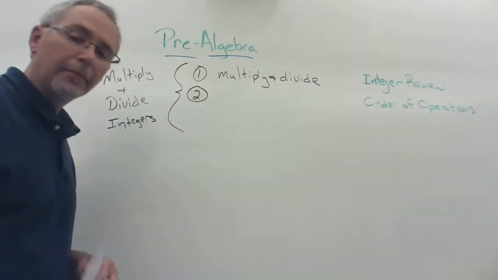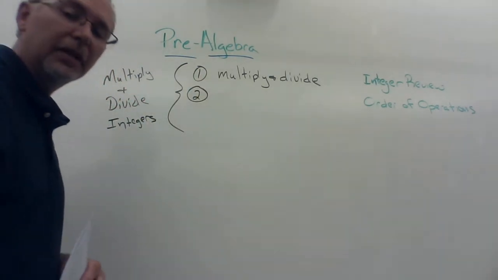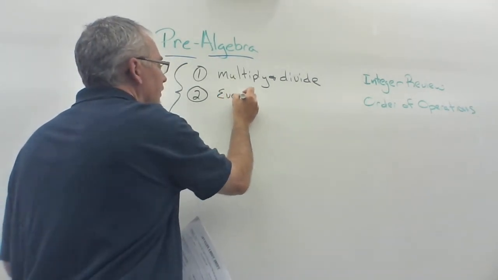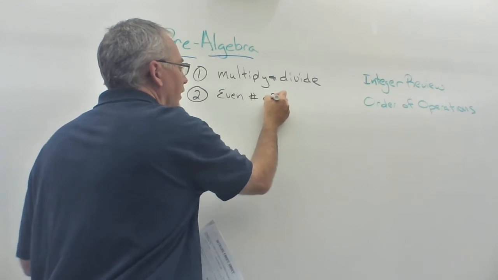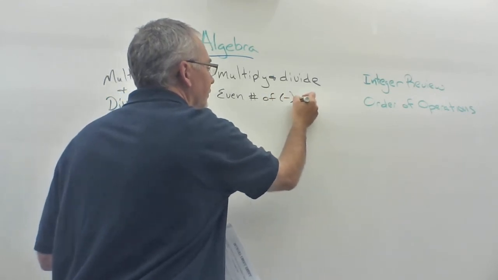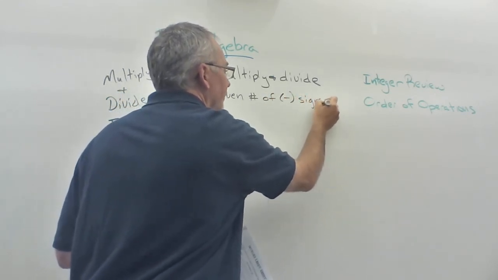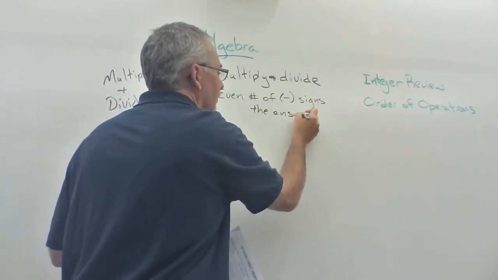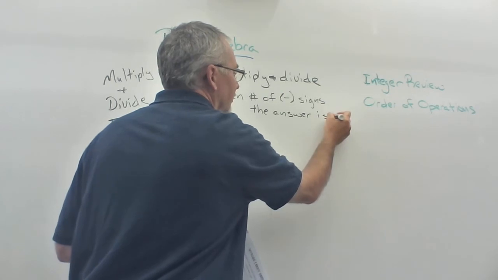we count up the number of negative signs in our problem. If there's an even number of negative signs, the answer is positive.